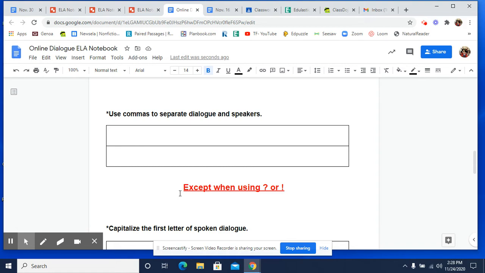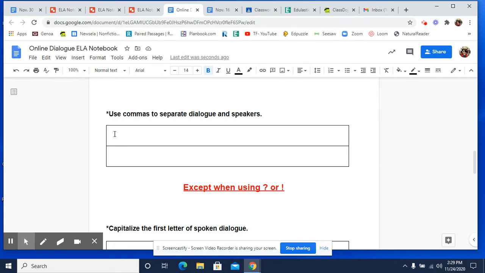Okay. And the reason for that is the question mark and the exclamation mark replace the comma, because those punctuations help to tell the reader how they're saying it. So if it's an exclamation, they know that they are saying it with emotion. If it's a question, they know that we are asking a question.